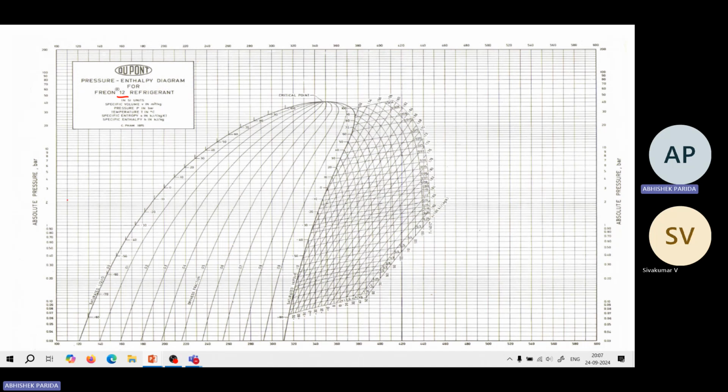Now this is pressure, and based on pressure you will also find the temperatures. These are the temperatures. These are the constant pressure lines.